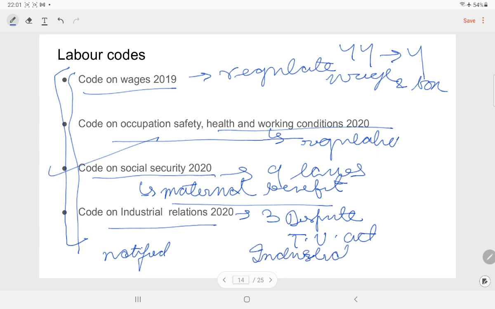So this law consolidates these three laws, and it aims to improve the business environment of the country, largely by reducing the labor compliance burden for industry, so that a better environment can be made in industry itself.